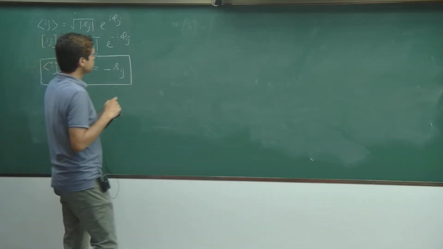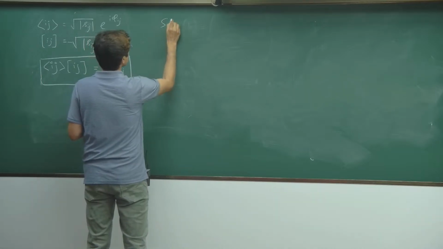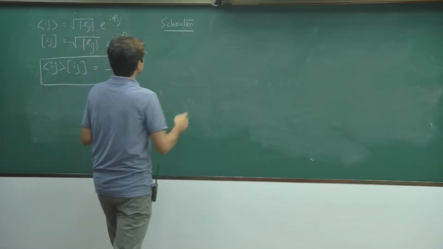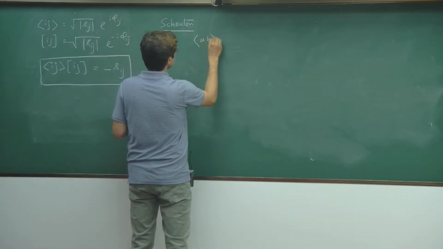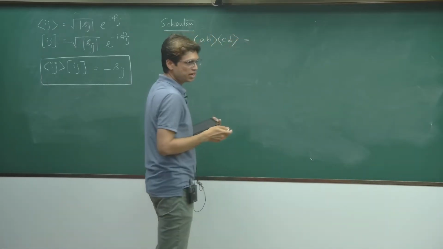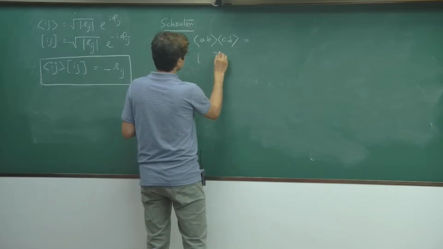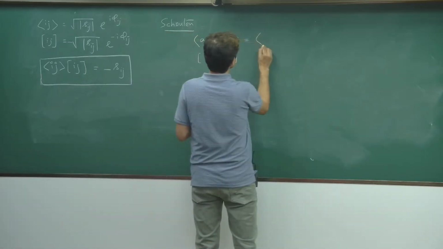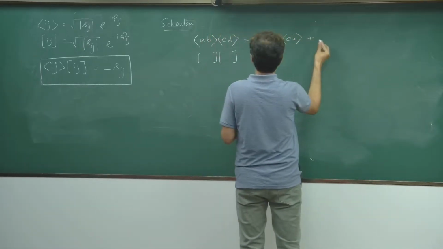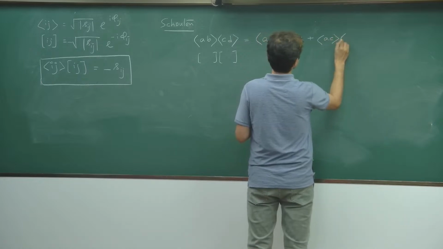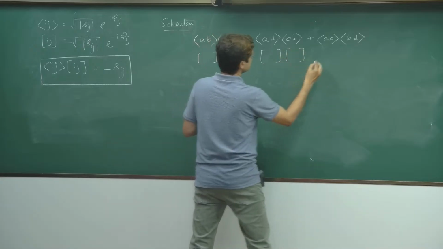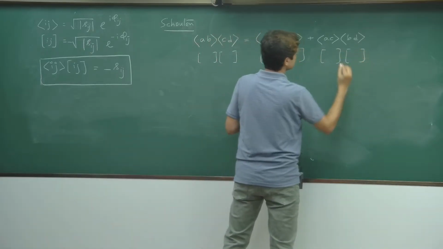Other useful equations are the Schouten identities. This helps in simplifying the results. Schouten tells you that if you have multiplication of two spinor products, angle or square, with the same thing, it is similar to AD CB plus AC BD. Same is true when it is a multiplication of two square spinors.